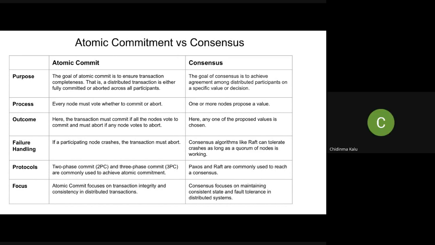Yes, because when I watched Martin Kleppmann's distributed systems series, I was discussing it with a friend, and she kept saying this seemed the same, because we will talk about atomic commit protocols that actually use Raft and Paxos, right?